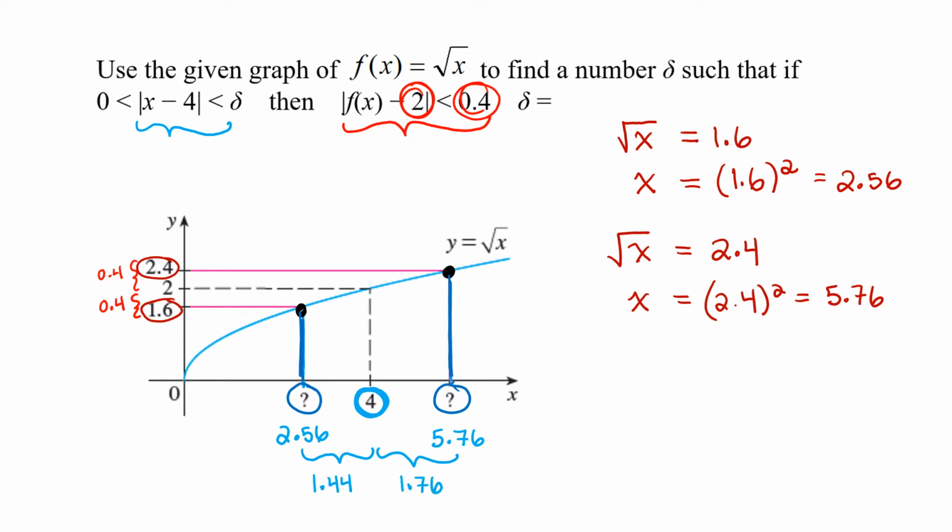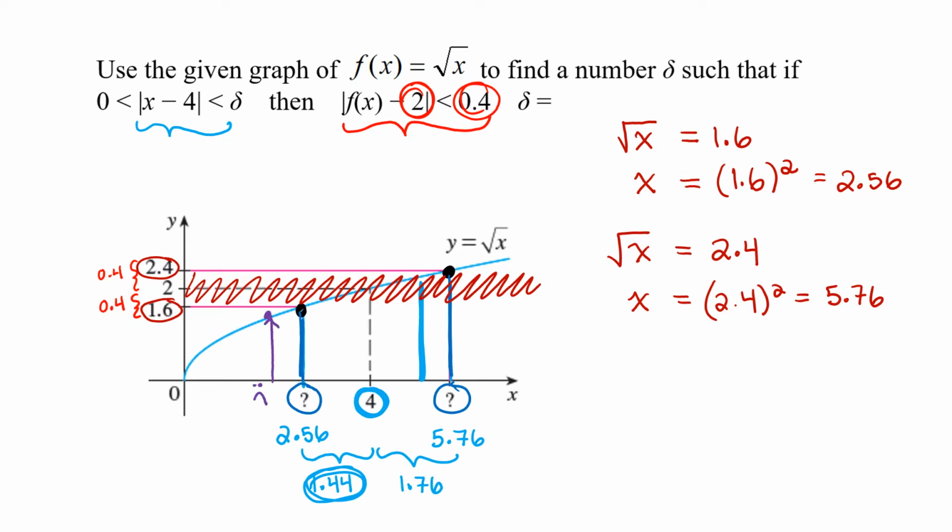And we just want to remember that we want to choose the smaller distance because that will still land us within our error band, or error bounds. But if we chose the larger distance, then our output would not land within those bounds. So for this particular scenario, we have that delta is equal to 1.44.